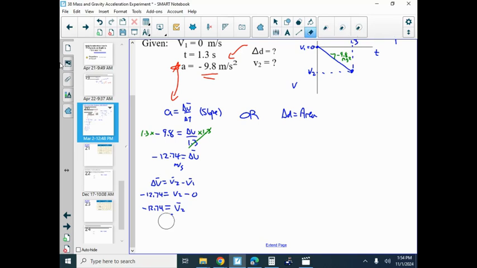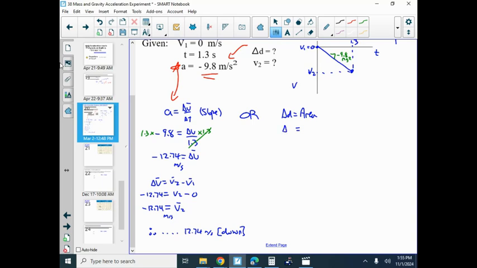And so therefore, the velocity is 12.74 meters per second down. That's part of a therefore statement, right? Just trying to be efficient here, not take a ton of time writing a ton of words, right? Keep the video short as I can here.